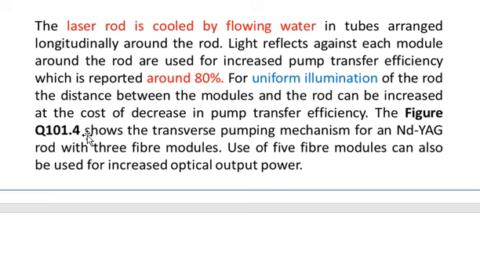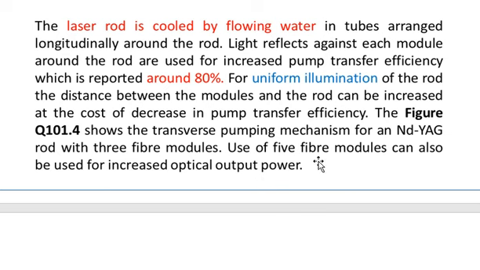Figure 4 shows the transverse pumping mechanism for an Nd:YAG rod with 3 fiber modules. Each of 5 fiber modules can also be used for increased optical output power.